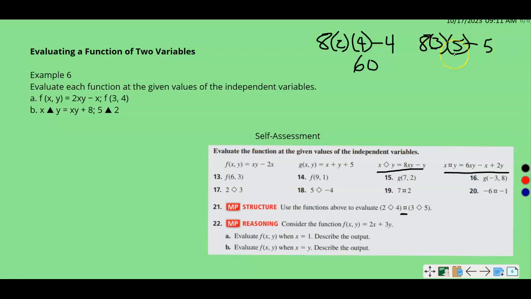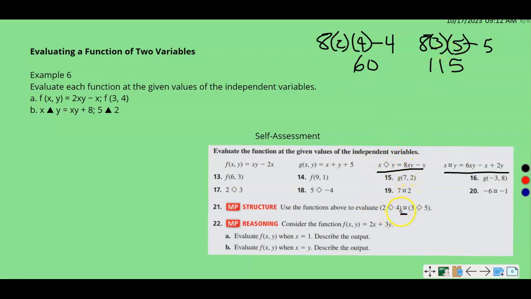So I've got 8 times 5, that's 40 times 3 is 120. 120 minus 5 is 115. So if I evaluate this function, 3 diamond 5, I get 115. So I did 2 diamond 4 and got 60, 3 diamond 5 and got 115.